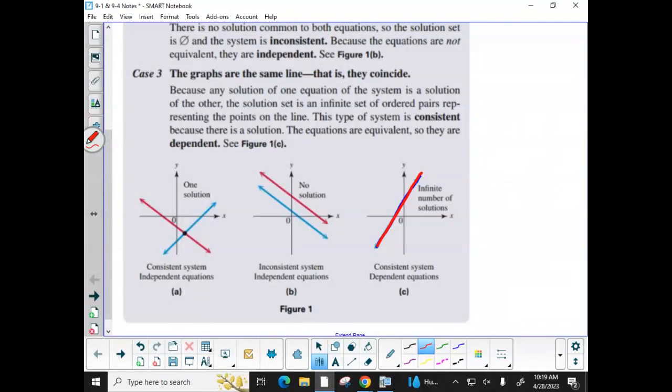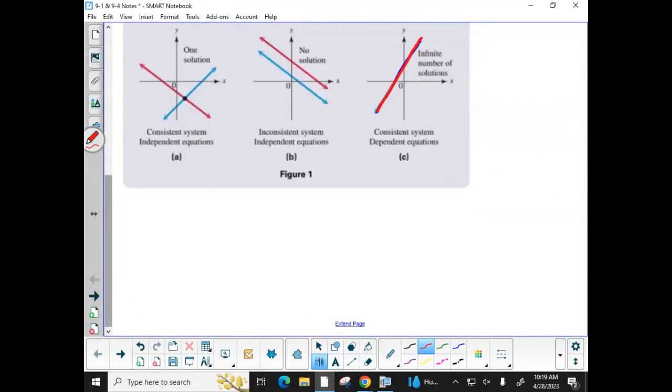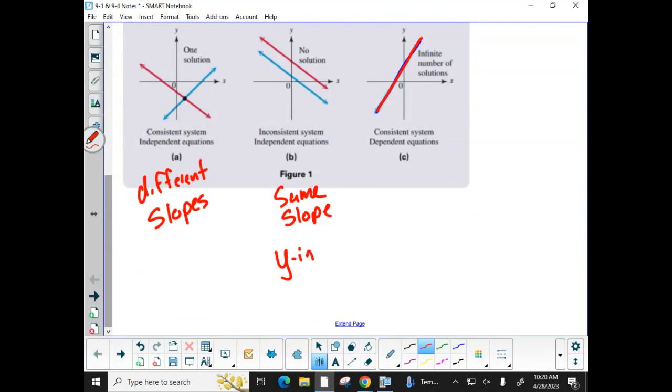All right, so one solution, no solution, and infinite numbers of solutions. When you have one solution, you have different slopes. When you have no solution, you have the same slope, but there has to be a different y-intercept.